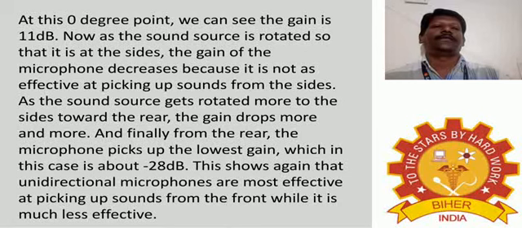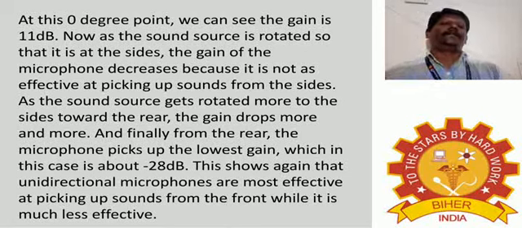Now, as the sound source is rotated so that it's at the sides, the gain of the microphone decreases because it's not as effective at picking up sounds from the sides. As the sound source gets rotated more toward the rear, the gain drops more and more.